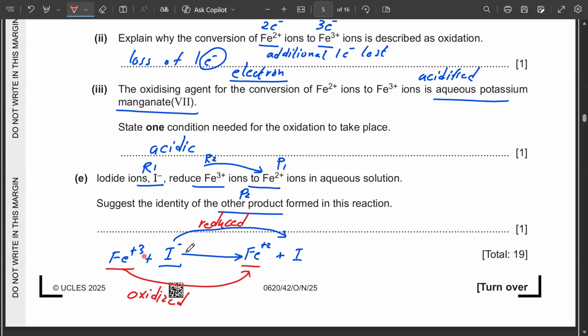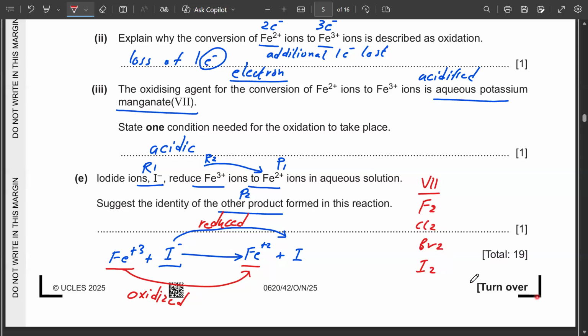We are considering iodine here, and iodine belongs to group 7. In group 7, we have fluorine, chlorine, bromine, and then iodine. If you are going to represent an element of group 7, you must represent it in the form of the diatomic molecule because they only exist in the form of the diatomic molecule.